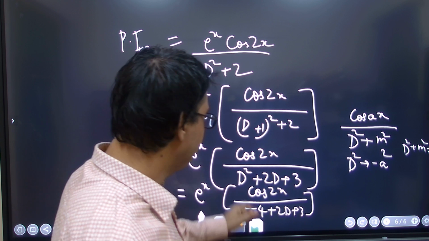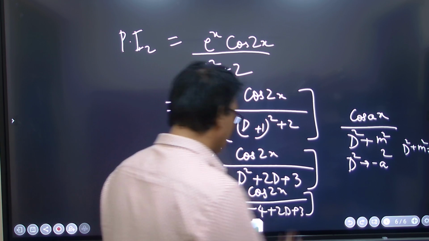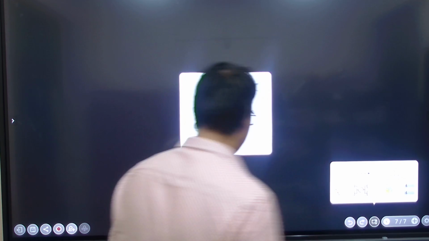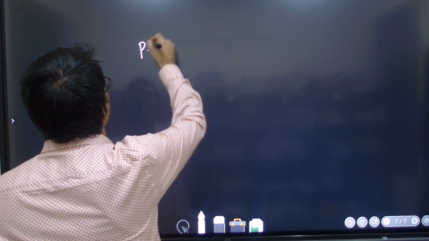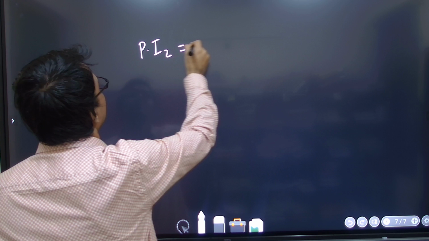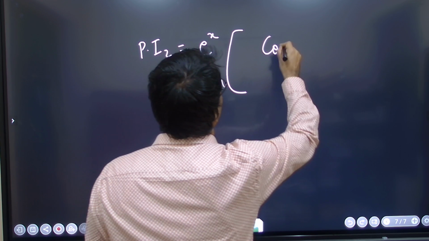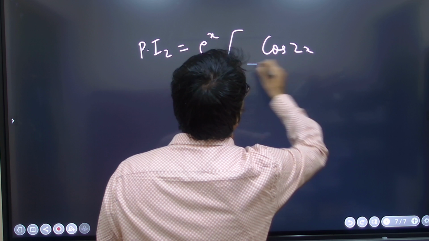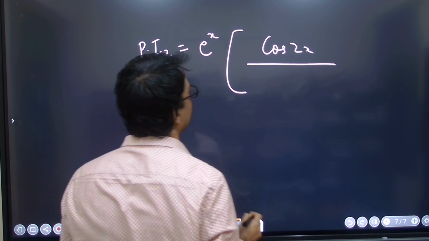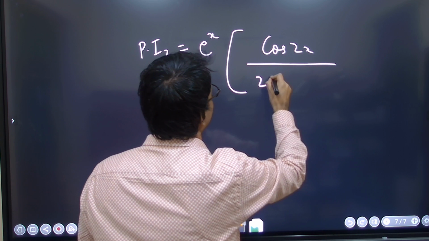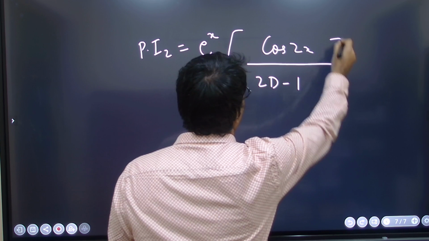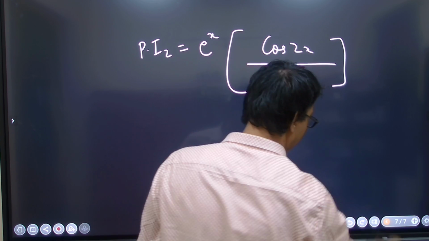Okay, so we can use this and write on the next page. e to the power x cos 2x upon minus 4 plus 2D plus 3, so it is perhaps 2D minus 1. So we'll just check it.